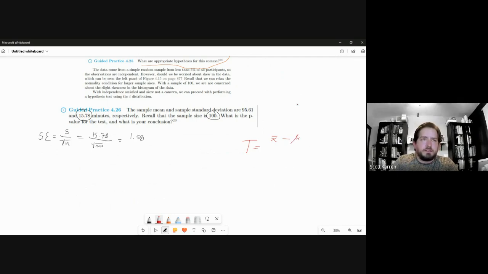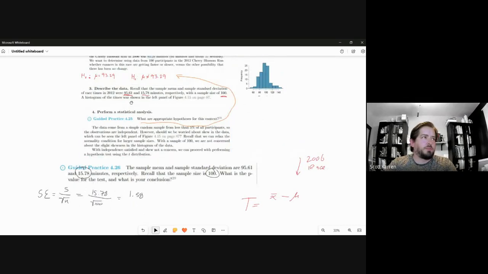And this mu here came from the 2000-whatever race. But we're assuming that that is the true value because that's the value in our null hypothesis, right? The whole test is run assuming that nothing has changed, and therefore that mu is the average from the previous race that we're comparing this to.